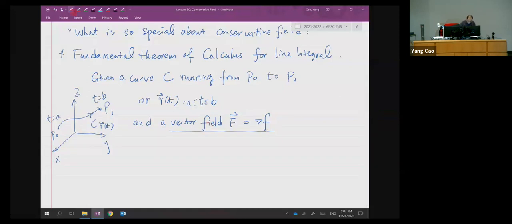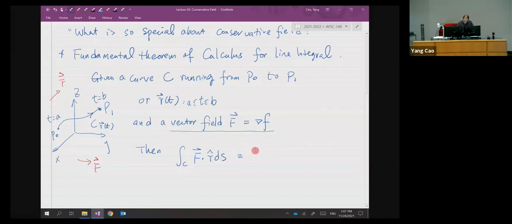All right, so now you've got everything: you have the vector field and you have the curve C. If we integrate this vector field, this vector function F, over curve C, that is basically the vector line integral that we learned.